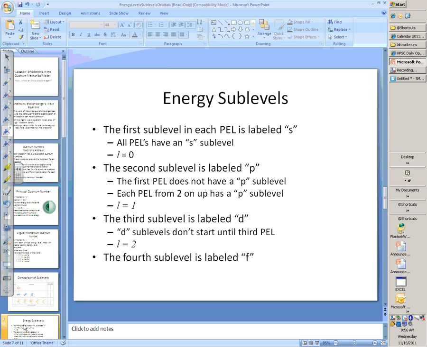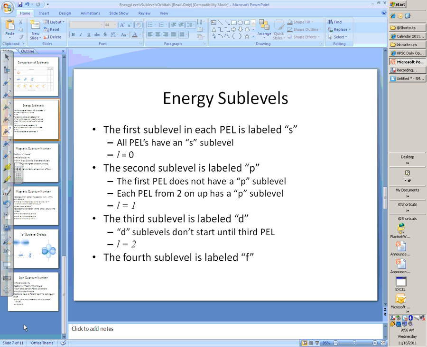When we look at these sublevels, they show up in a sequential order. The first sublevel in each principal energy level, or PEL.